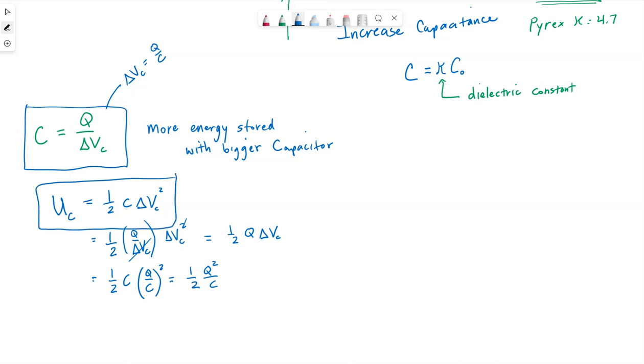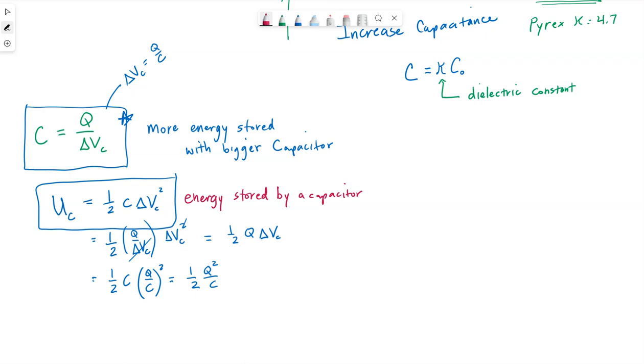The test notes has this one, the 1/2 C delta V squared, but you can easily come up with any of them because we have this relationship as well. So this represents the energy stored by a capacitor, or in a charged capacitor.